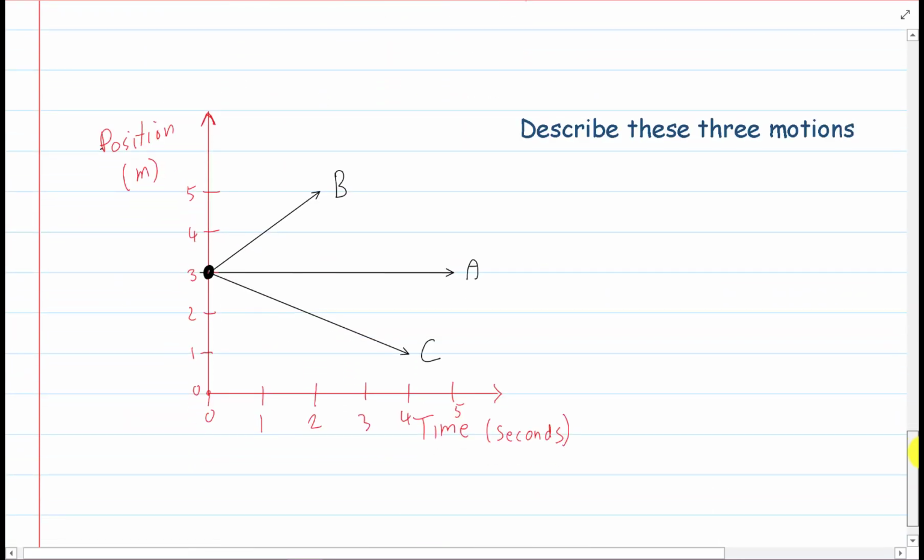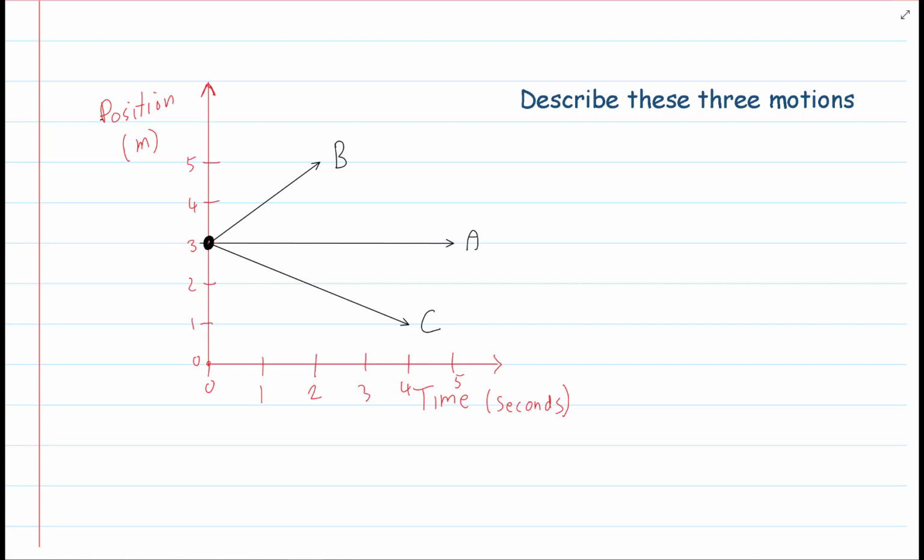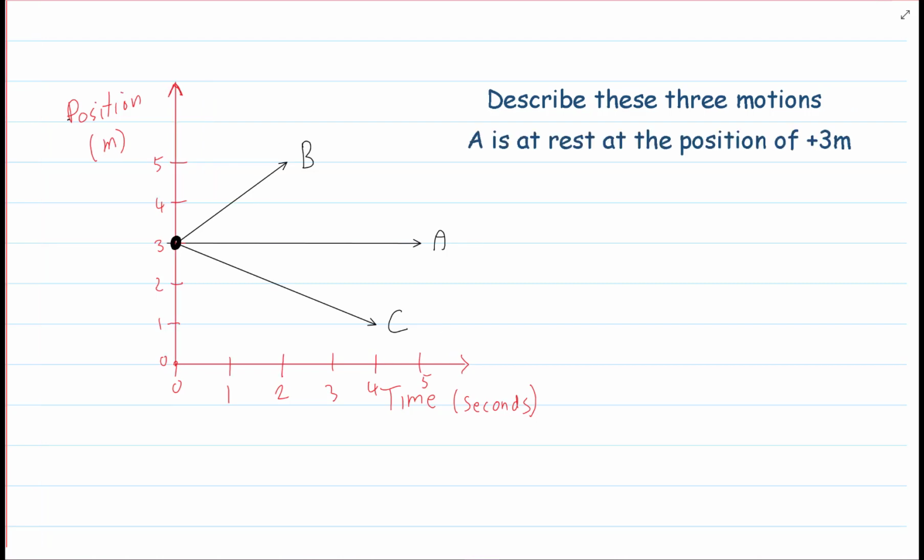No? Okay. Let's describe these three motions. So now we have to write down some words or describe them. So I'll give you a few seconds to try it out and do a description for each one of them. How about that? A is at rest at the position of positive 3 meters.